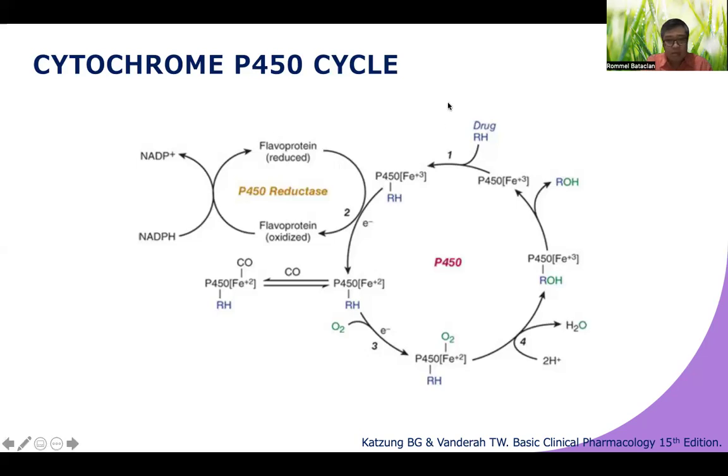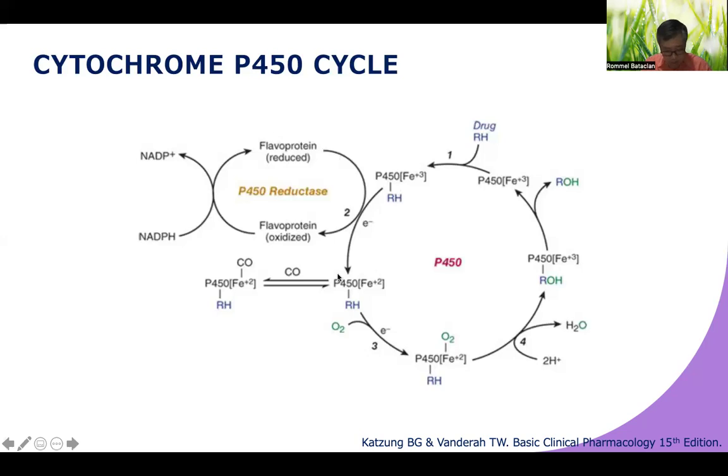And then when that drug and P450 complex combines, it reacts with the flavoprotein. The flavoprotein donates an electron to the P450 drug complex, converting it into a reduced P450 drug complex, as you can see here.